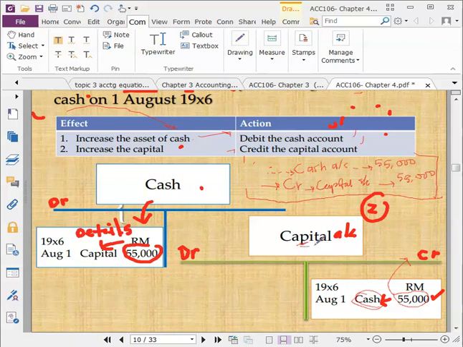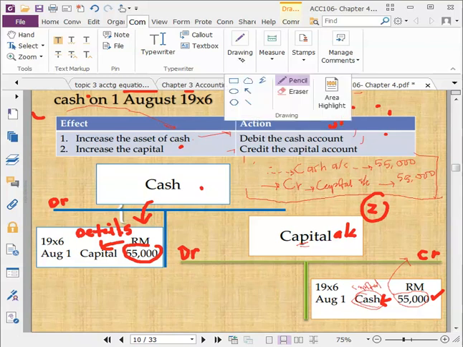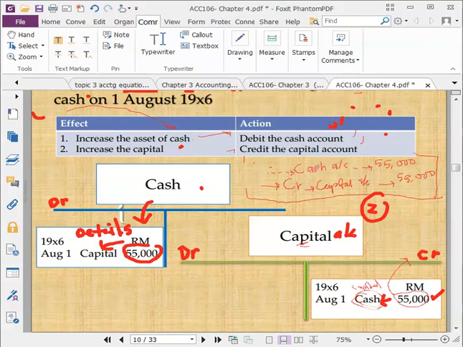If the title of the T account is capital, it's wrong to write the detail as capital. The detail is the name of their partner. Who is the partner? Of course, cash. The double entry for this transaction is cash and also capital. So in the cash account, you should write the detail is capital, but in the capital account, you should put the detail is cash.